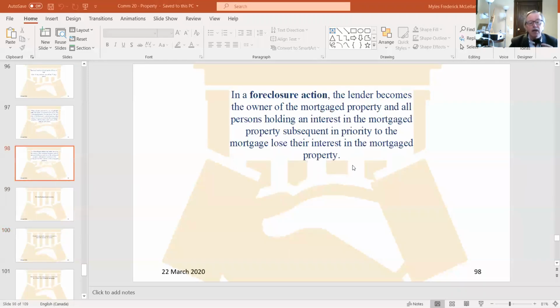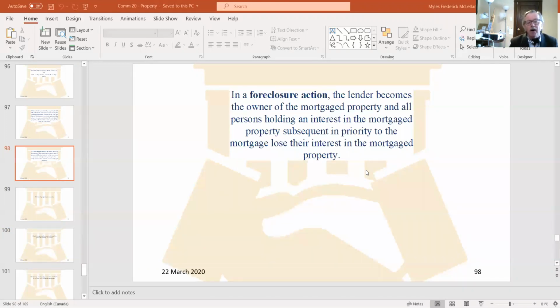It's not used a great deal, but it does happen, and it is used in times where the values of property are exponentially increasing as a function of the market. So some mortgagees will try to take advantage of this, because if they can convert the value of their mortgage debt into owning a piece of property whose market value has accelerated greatly, then that may be worth something that they might pursue.